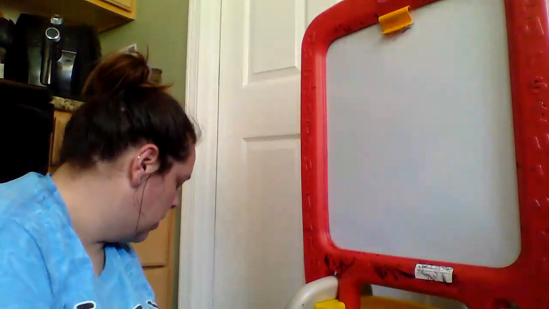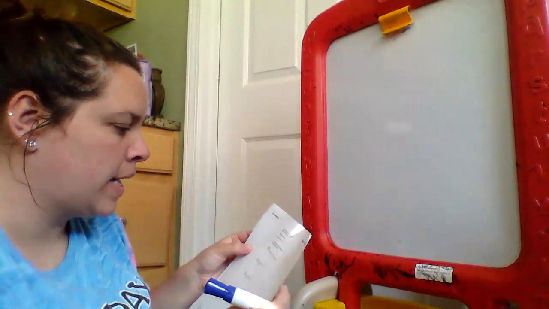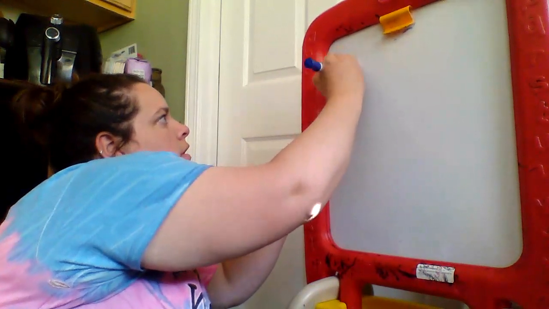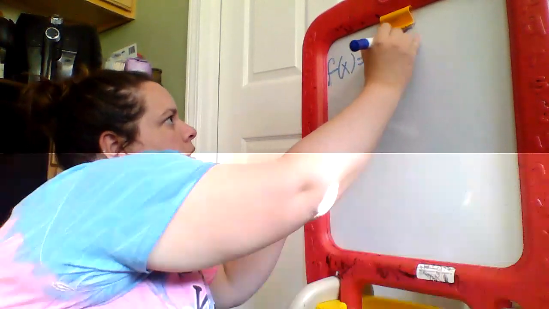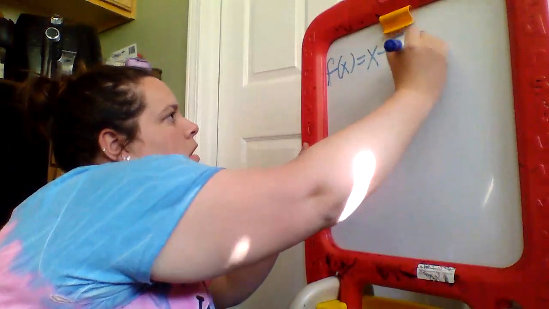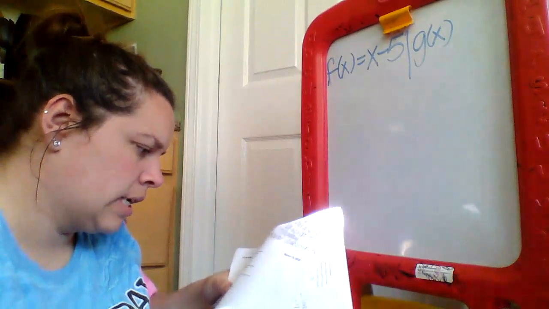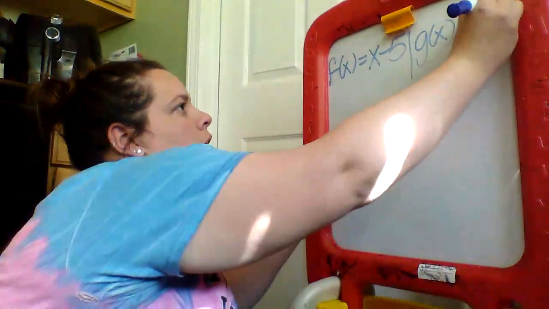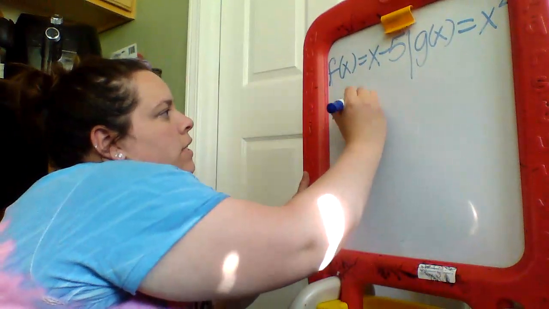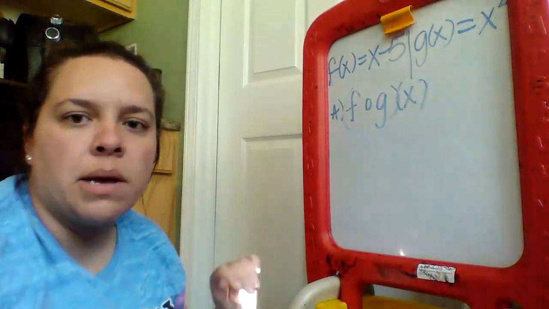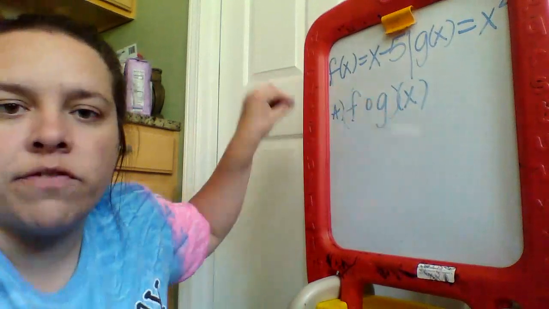All right, so I'm going to write a couple things up here. So f of x is going to be x minus 5, and g of x is x squared. All right, so the first thing that we're going to do is take f of g of x. So that means I'm going to take function f and plug g of x in it.